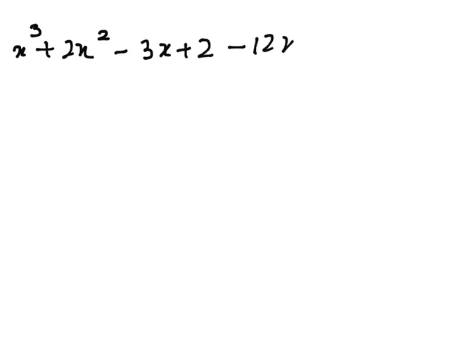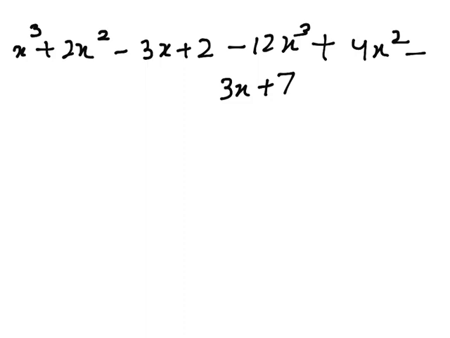So it will come as x cube plus 2x square minus 3x plus 2 minus 12x cube plus 4x square minus 3x plus 7.